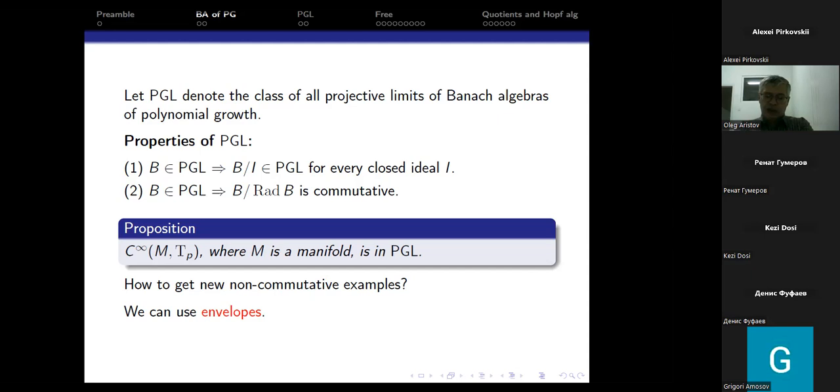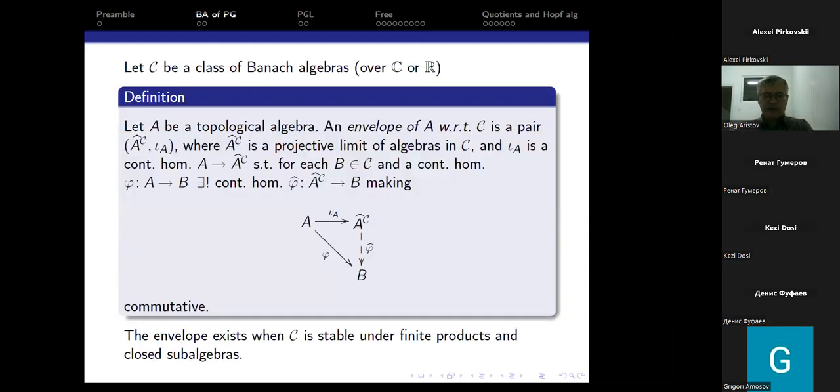If you want to get some other non-commutative examples, we can use analogues. So I give a general definition of an envelope for some class of Banach algebras. Banach algebras over C or over R, it doesn't matter.